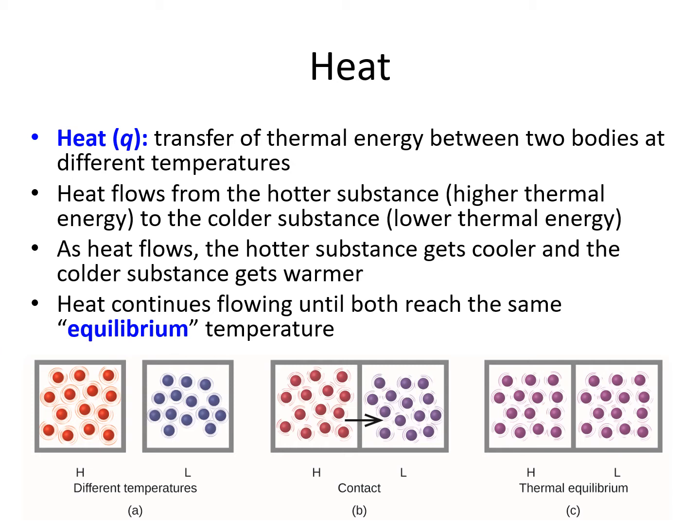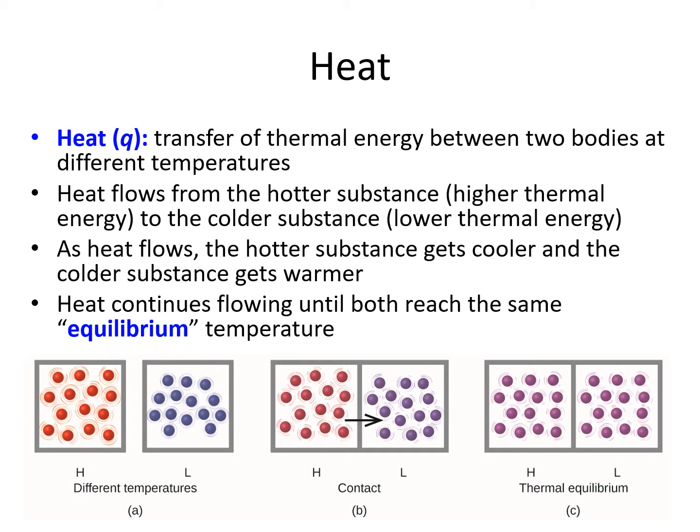So you can see that in the pictures down at the bottom of the screen. The higher thermal energy substance is the one with the red that has lots of lines around it, and it's designated H for hot. And then there's the blue lower temperature substance that has lower thermal energy. So the heat is flowing from the hot to the cold. And as it does that, the hot substance gets cooler and the cool substance gets warmer.